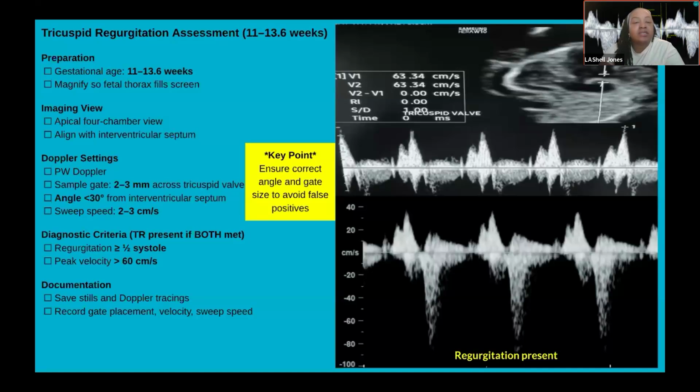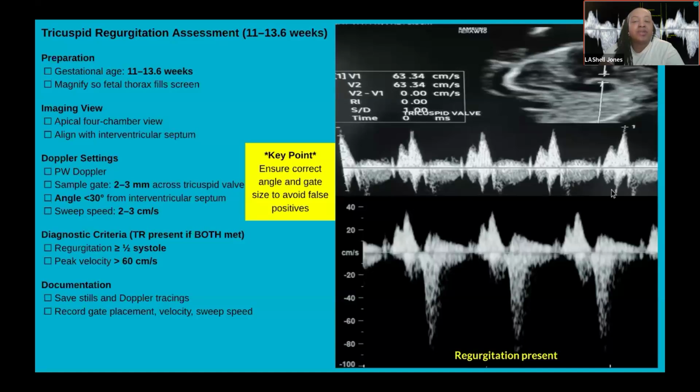You want to follow these to the T. But first and foremost, you want to magnify the fetal thorax, which is seen here. And you want to really assess and get this good 4-chamber that they're showing. And upon placing your sample gate, you want it at about 2 to 3 millimeters right across the tricuspid valve. Okay. Now keep in mind that angle must be less than 30 degrees from the septum, and that sweep speed needs to be 2 to 3 centimeters per second.